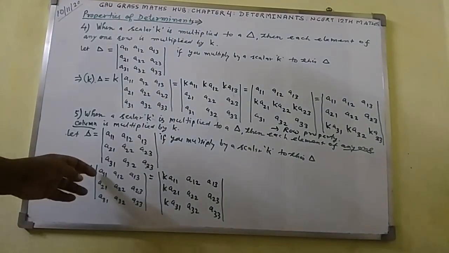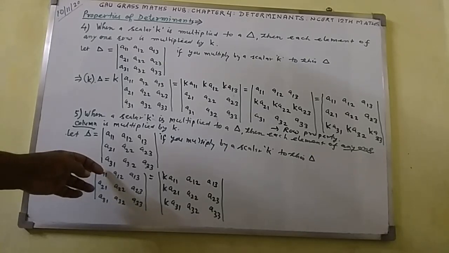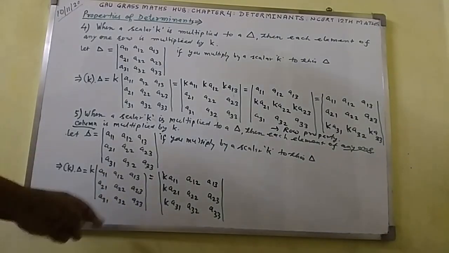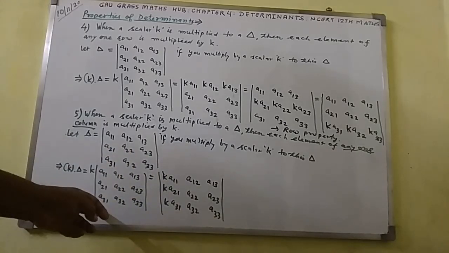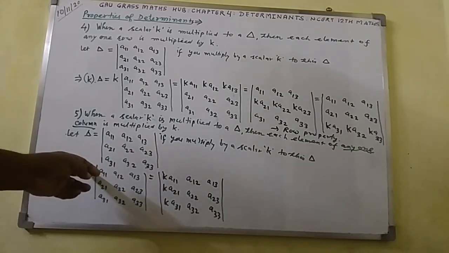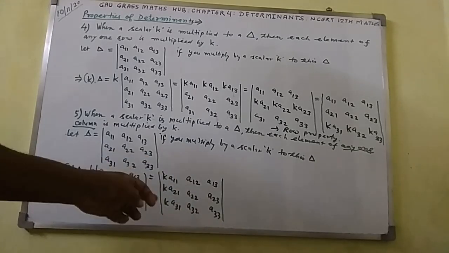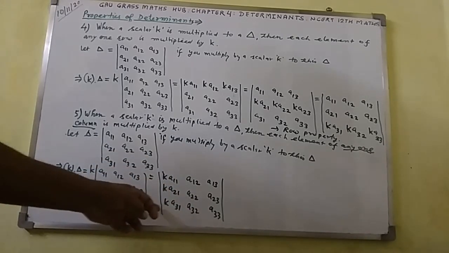So here the scalar k is multiplied to each element of the first column. So this is the first column. In the first column each element is multiplied by scalar k. So k a11, k a21, k a31.